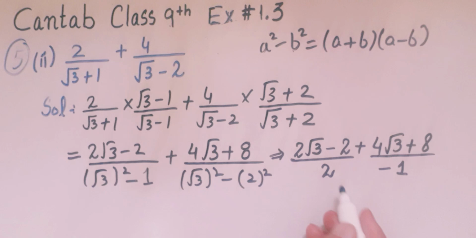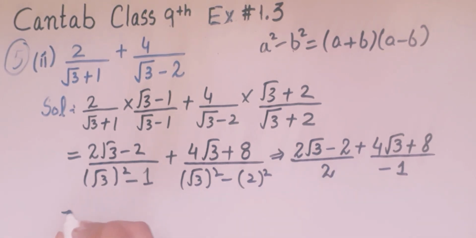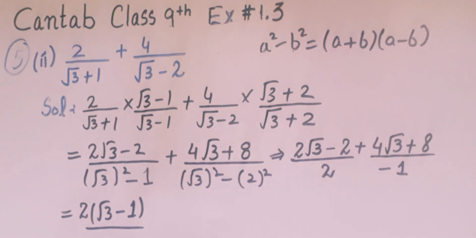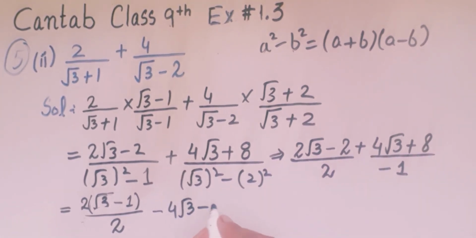So we will take 2 as common from this. Square root of 3 minus 1 by 2, and minus 4 square root 3 minus 8.